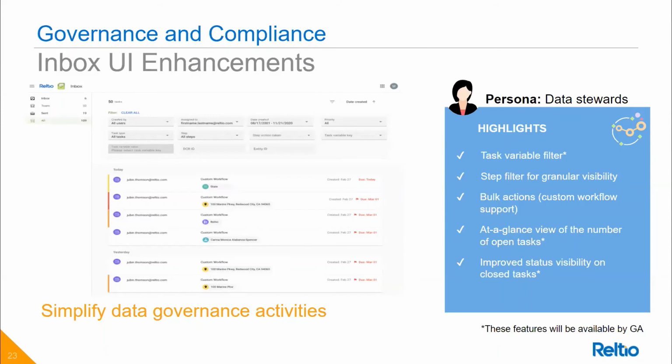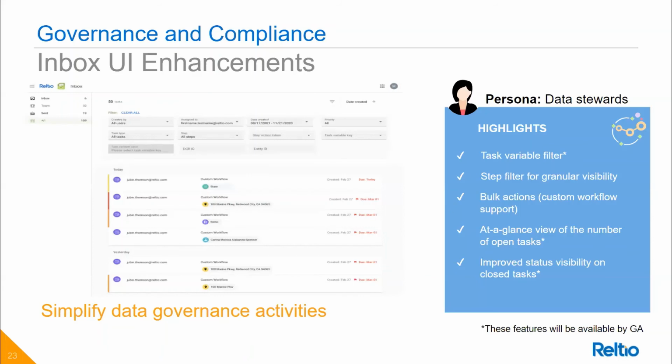And we will be pre-configuring a set of attributes as task variables for default workflows. As a reminder, we have out-of-the-box workflows such as data change request, potential match review, and recommend for delete. For these workflows, we will be configuring DCR type, entity type, and relationship types as task variables, which should enable your data stewards to filter with these attributes from day one once it is available in your GA.